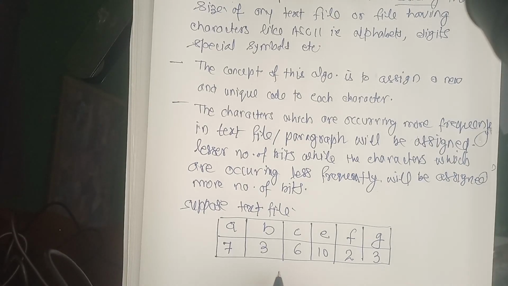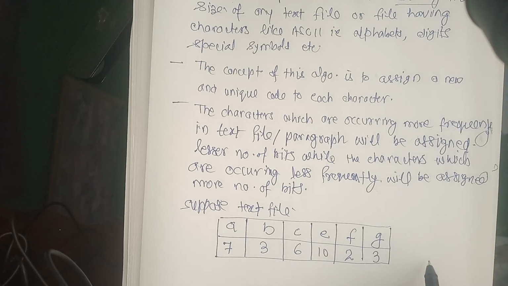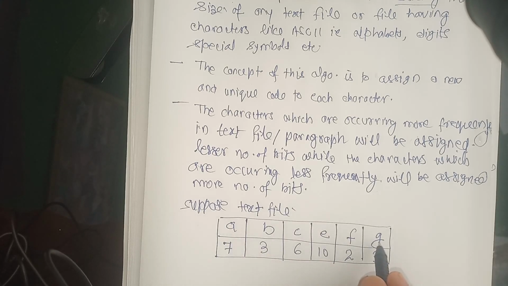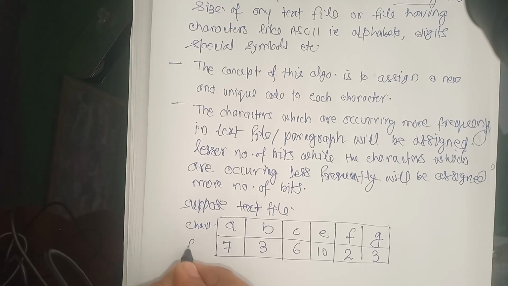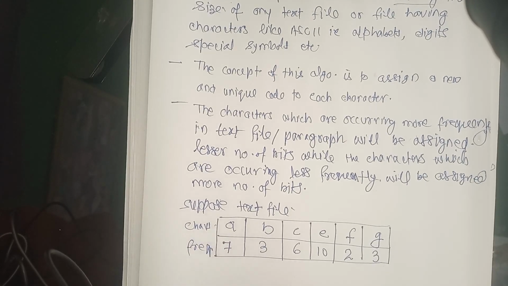The question may be asked in two ways. Either this table will be given, that is the frequency of each character, or a text or paragraph will be given. If a paragraph is given, we will count the frequency of each character and make a table of each unique character with its frequency. So these are characters and this is the frequency.